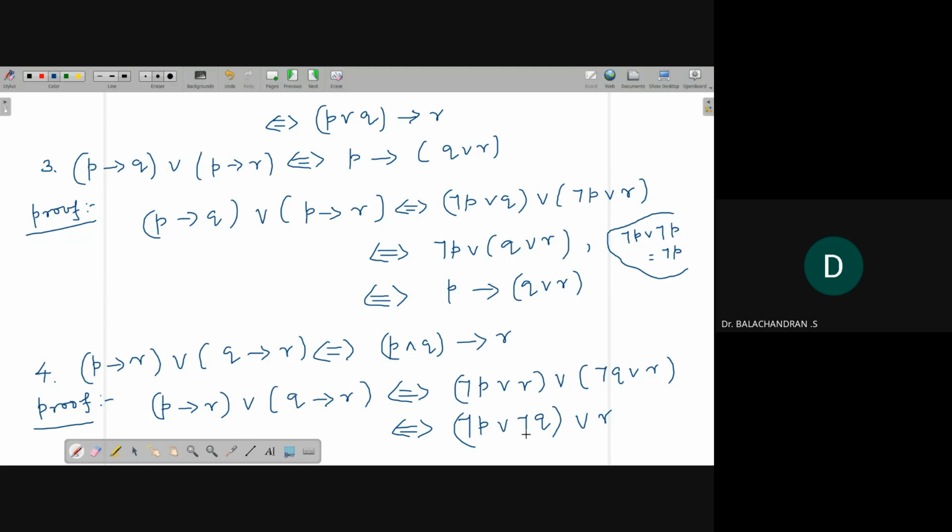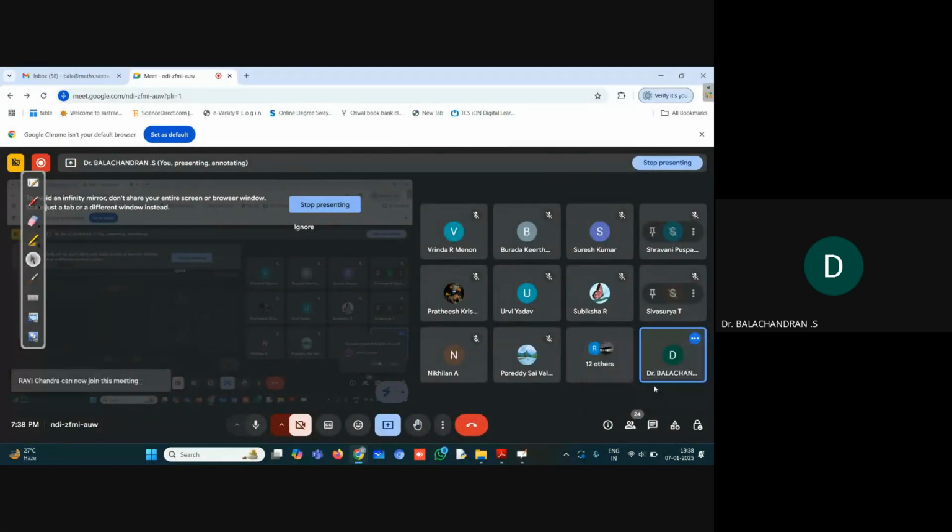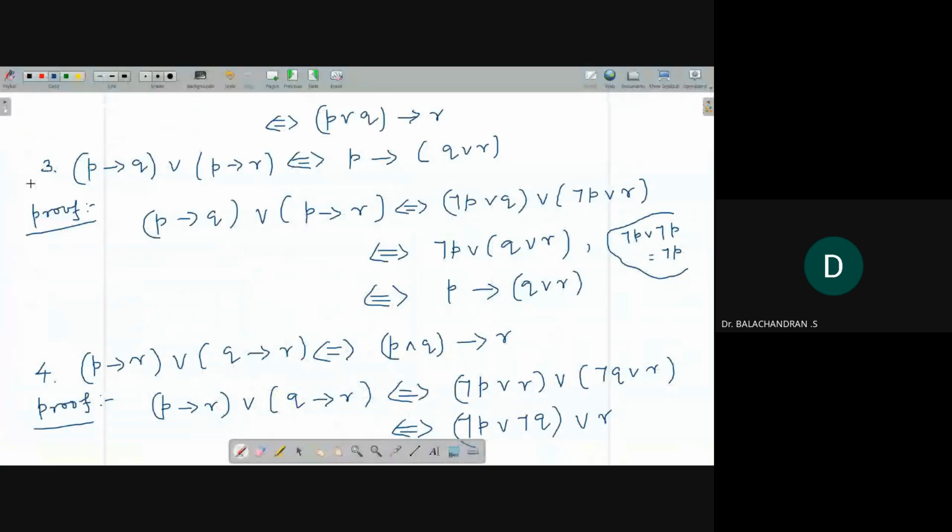So negation of what? P and, if I take negation common, negation of P and Q, or R. Okay.